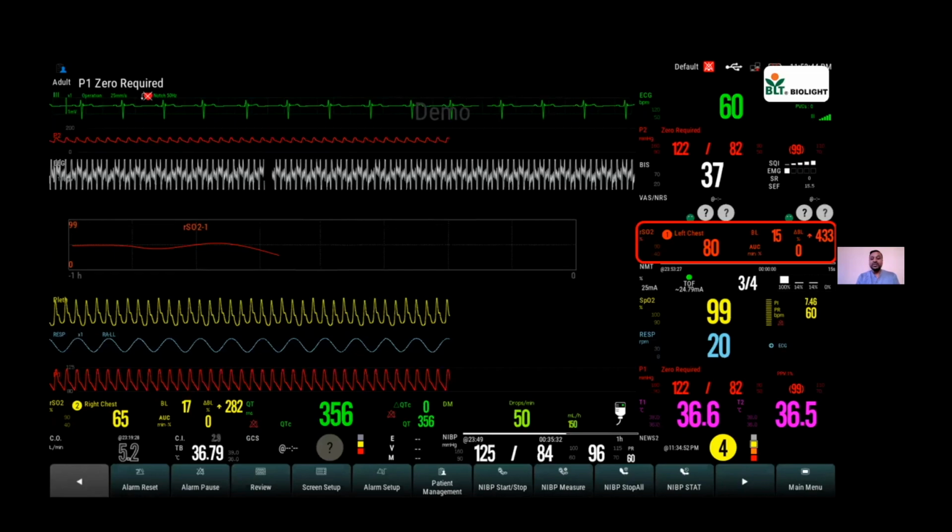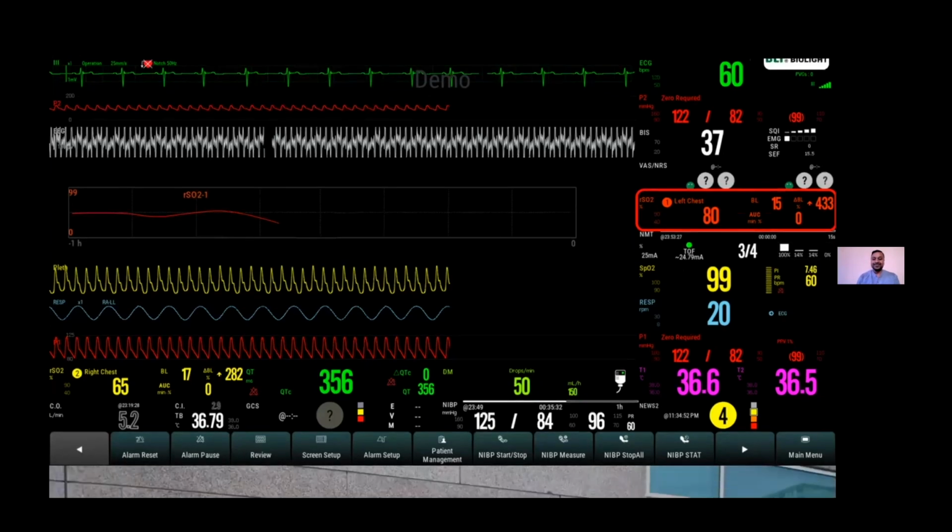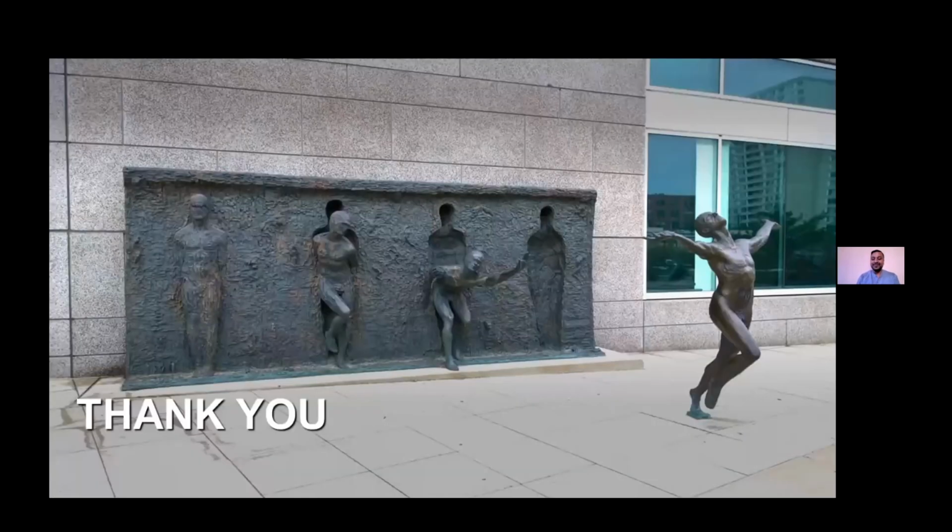So we don't need to click on multiple monitors and we don't need to get puzzled about what to address first. So a multiple probe system on a single screen, single monitor, and we can address the situation at a single glance. So this is the best for a doctor to monitor different parameter values on a single screen. So thank you. Thank you for the time.